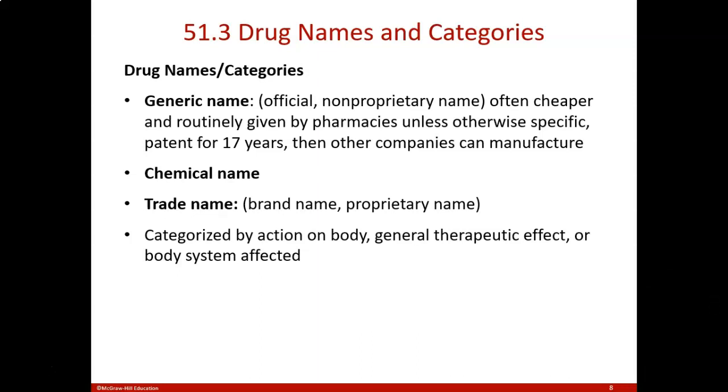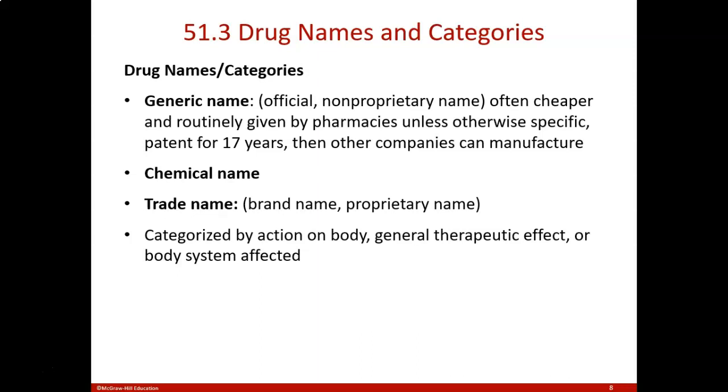And so a lot of times generics are much cheaper. There are a few rare case scenarios where the generic medication isn't as good as the brand name. But most of the time, generics are usually the better way to go under most circumstances. Most insurance companies would prefer to accept or give generics rather than a trade name.